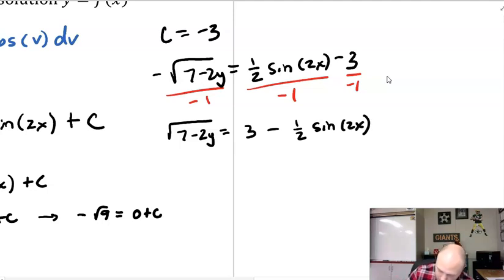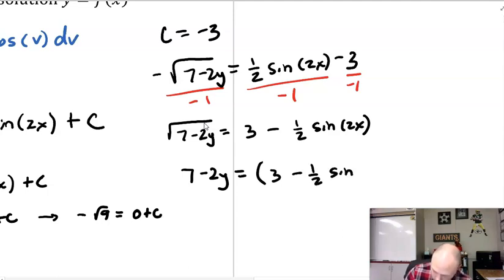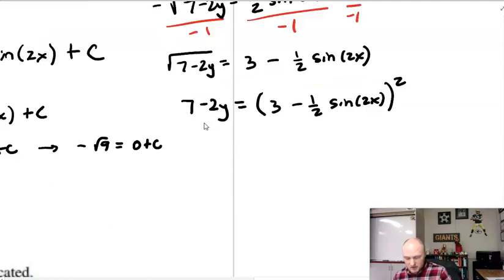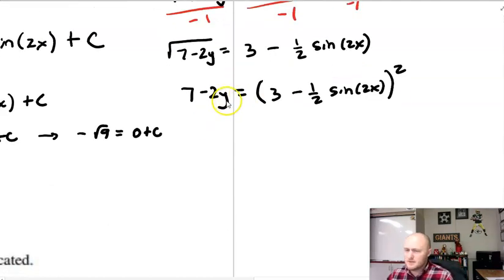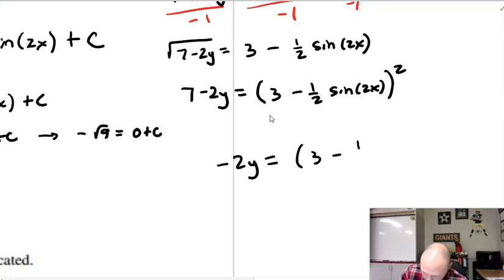I'm going to undo the square root by taking the power of 2. So 3 minus 1/2 sine of 2x, all of this raised to the power of 2. Almost isolated y. Now I need to subtract 7 on each side. Negative 2y is equal to, oh my gosh.